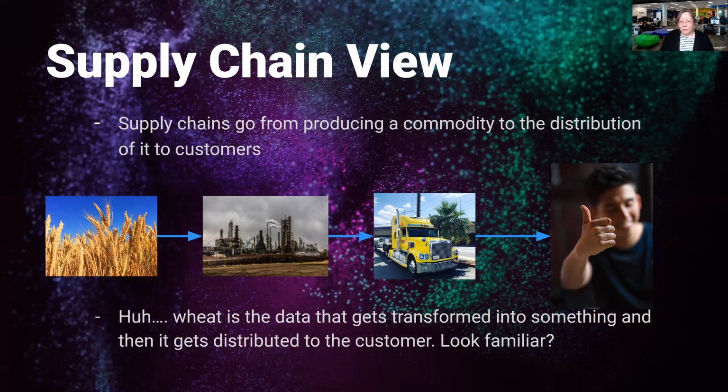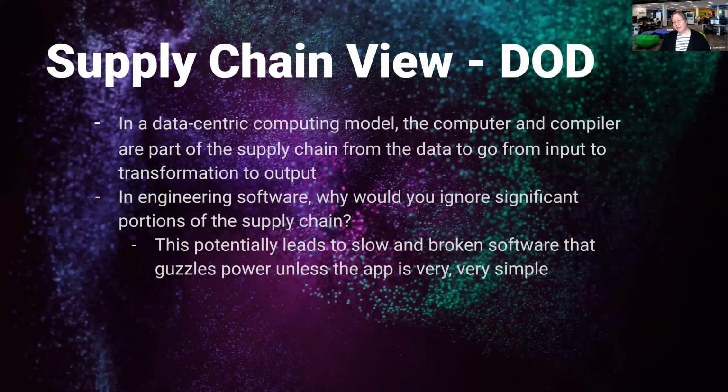That sounds somewhat similar to software, right? And so data-oriented design really embraces this whole concept. Your computer, your hardware, and your compiler are part of that supply chain. So the data goes from input to transform to output as part of this supply chain.